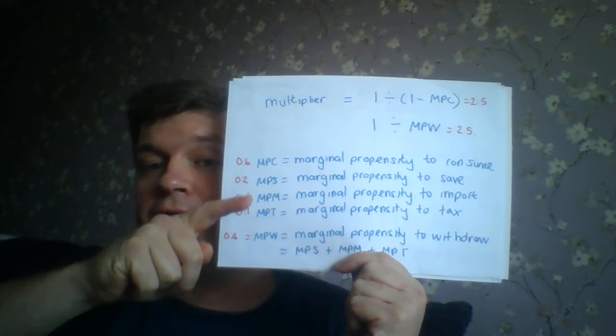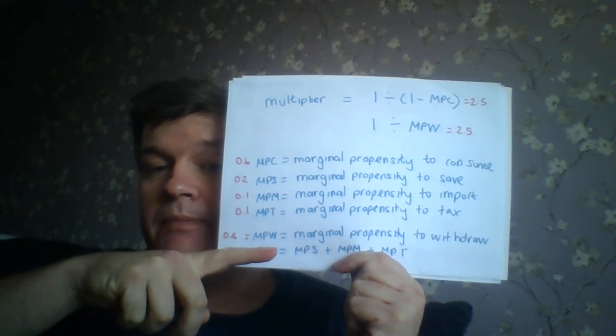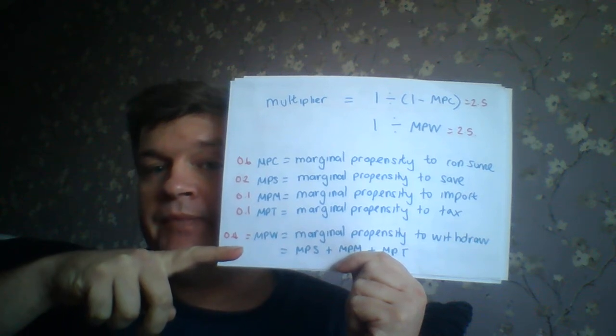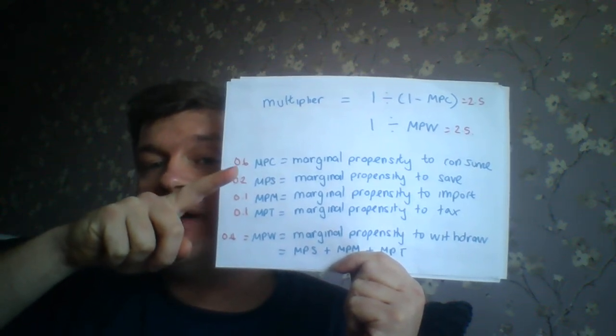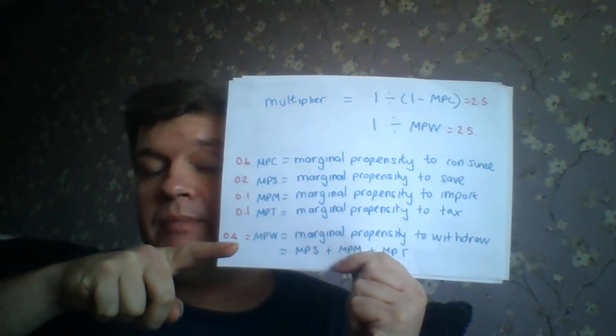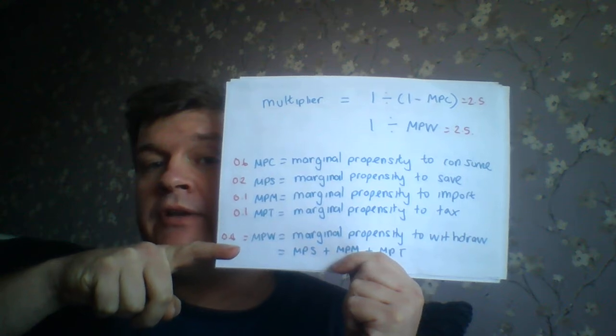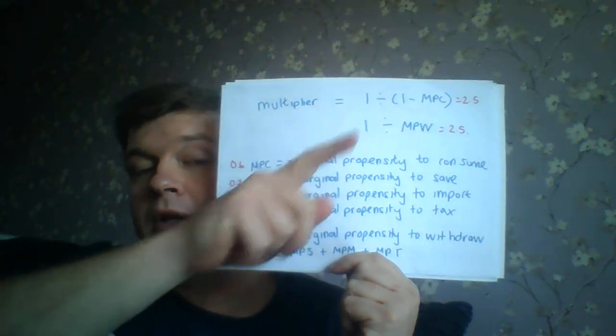Now if we add these three different withdrawals together, we get an overall MPW of 0.4. So it means 60% of my money has been spent domestically on our goods and services, 40% will withdraw out of the economy. Now what I can then do, I can then use the multiplier formula.